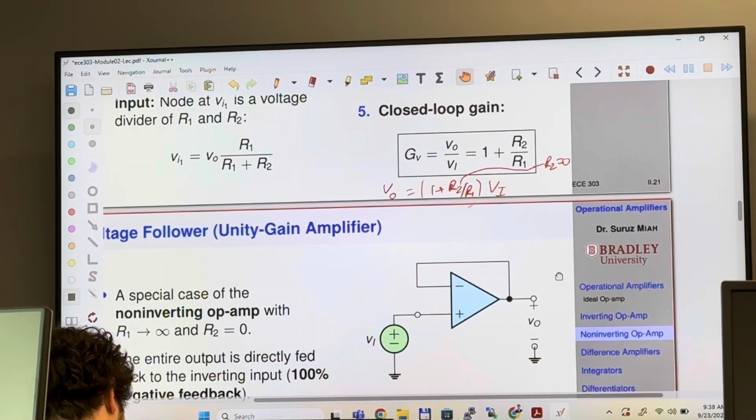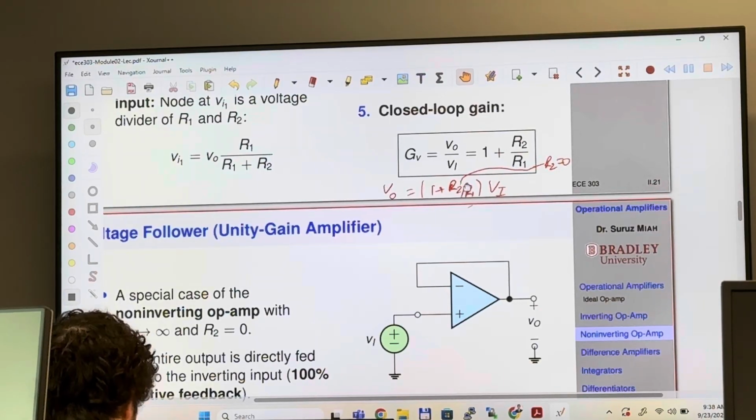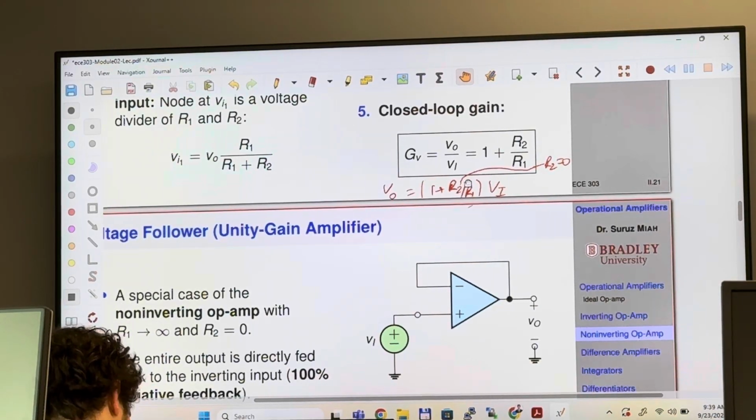Mathematically, you see that R2, which means a piece of wire, over infinity, which means there is nothing there, no connection. R1 is absent, which means that it's an open circuit. Open circuit means that the resistance is infinity.